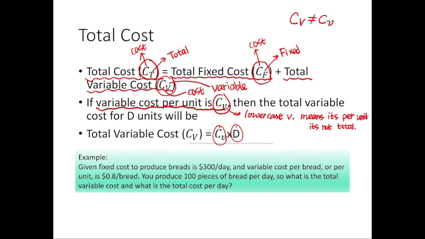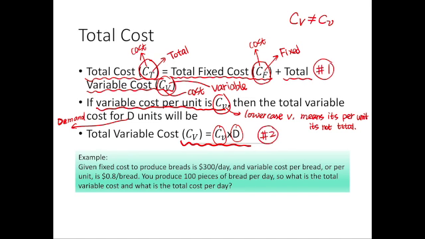Okay, and so if you are given that the variable cost per unit is C lowercase v, then the total variable cost CV will be what? Will be the C lowercase v times the demand. So D is the demand. Okay. So if this is the number one function, this is going to be the number two function about the cost.